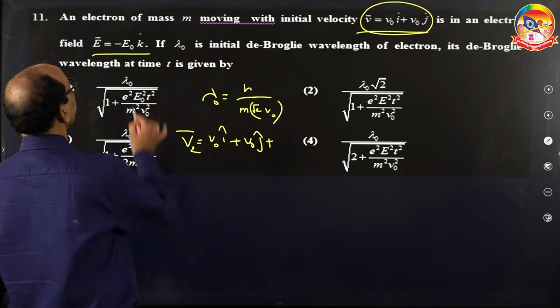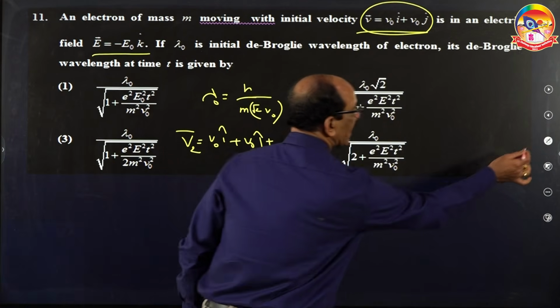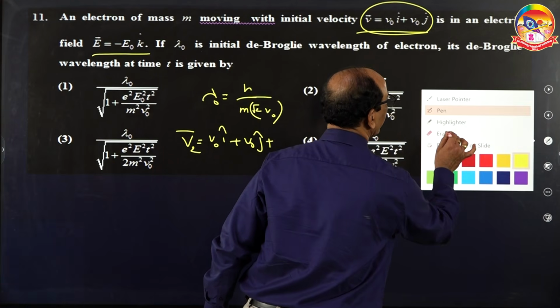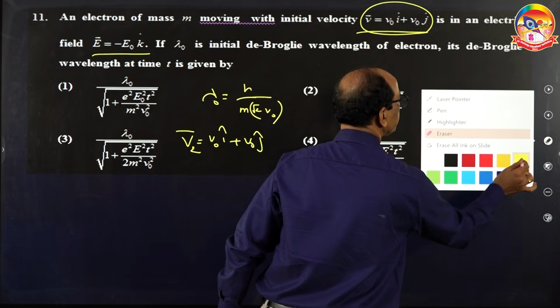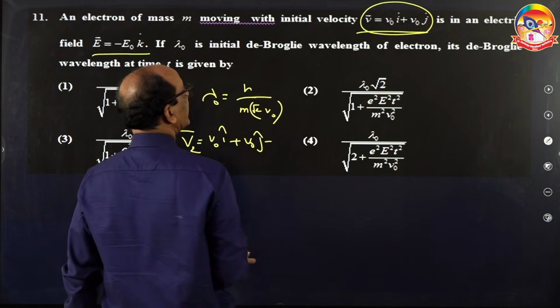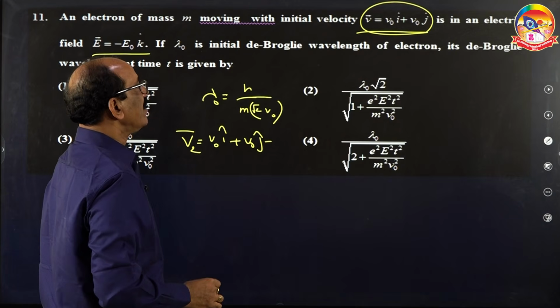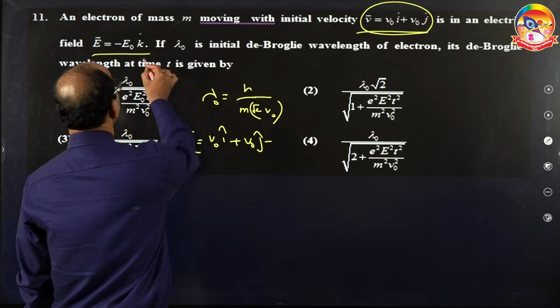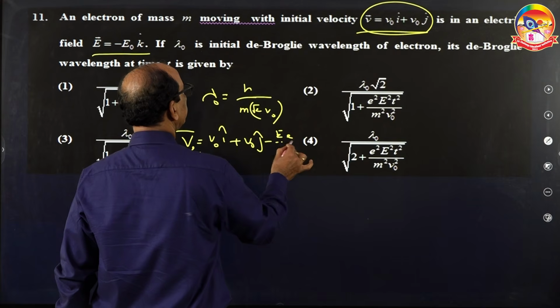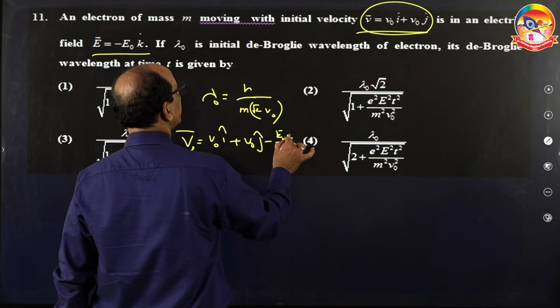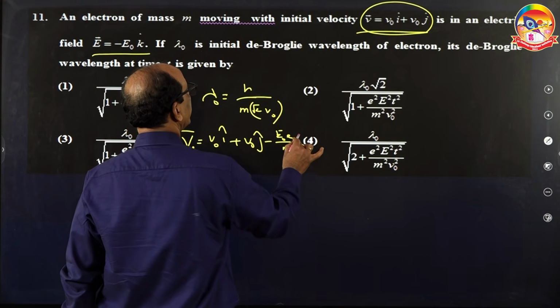plus, since it is an electron, it gets accelerated opposite to the direction of the electric field. So v is equal to at, that is, E by m, minus E naught e by m t k cap.